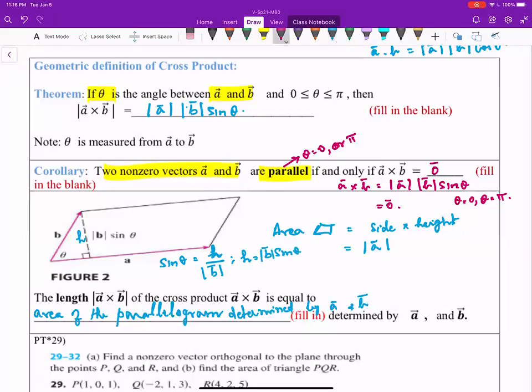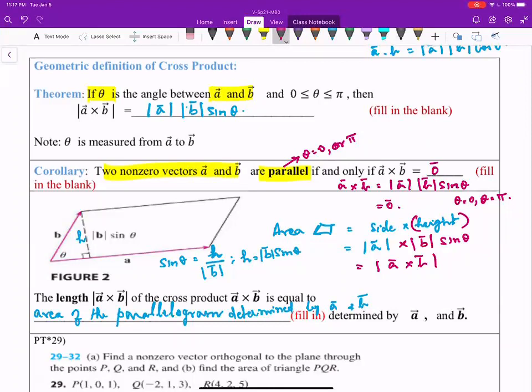So this height here can be replaced by length of B times sine of theta. This says that the length of A cross B is the area of the parallelogram determined by A and B.